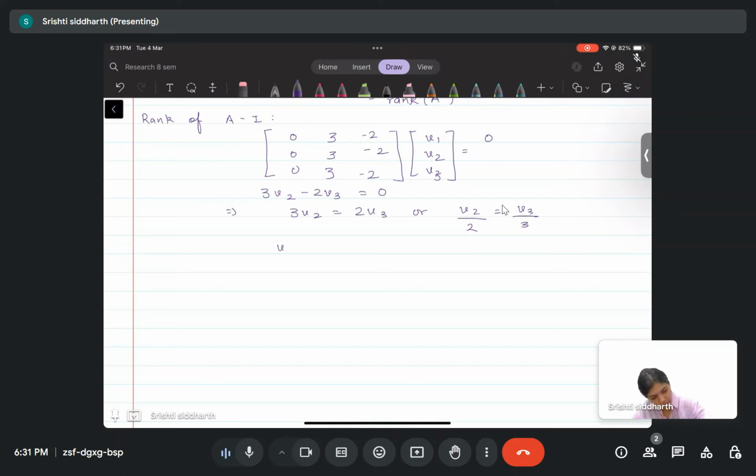And since v1 is not present in the equation, v1 can be any real number. So one of the eigenvectors is, let's assume that v1 equals 1. So the eigenvector for lambda equals 1 is 1, 2, and 3.